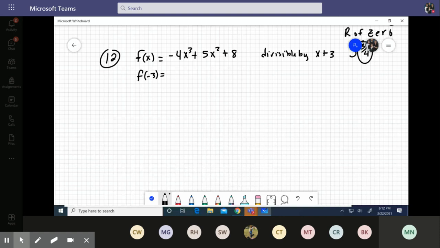Instead of f of x, I need f of negative 3. So I've got negative 4, negative 3 to the third, negative 3 squared, plus 8. 27 times 4, 108.